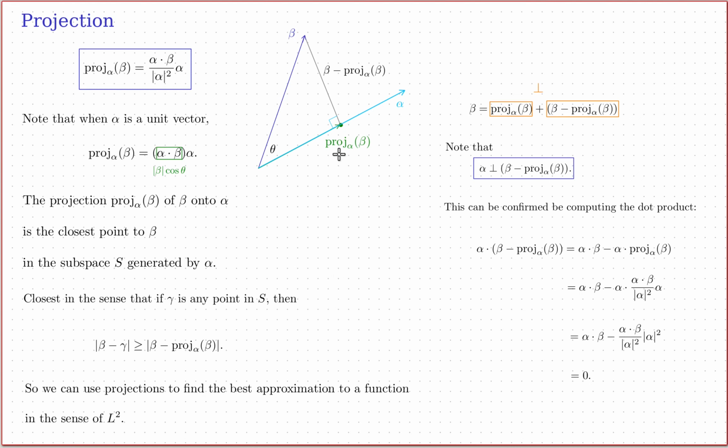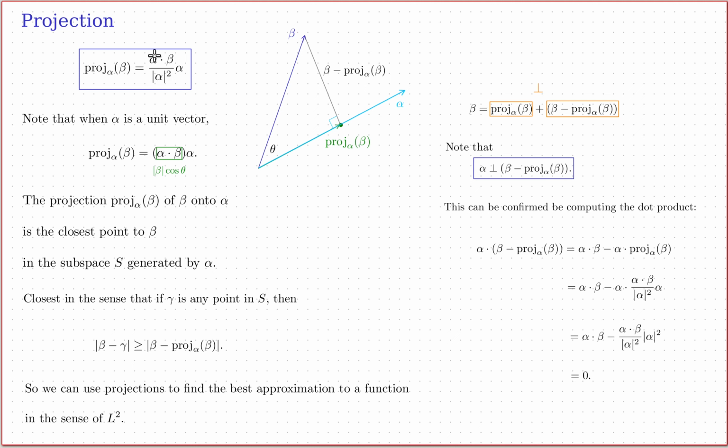So first of all, the basic idea is if you have one vector beta and you got another vector alpha, then if you want to project the vector beta onto the vector alpha, what you're doing geometrically is you're finding the closest point on the line that contains alpha to the vector beta, right? So it's like dropping a perpendicular down from beta to the direction of alpha, to the line through alpha, and that's your projection.